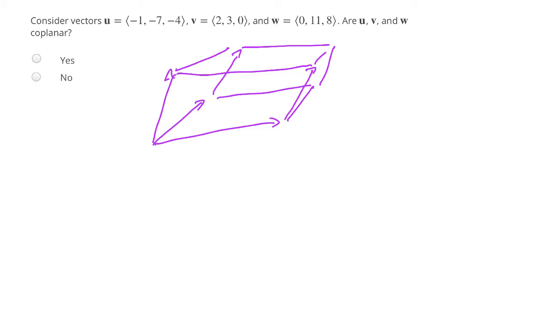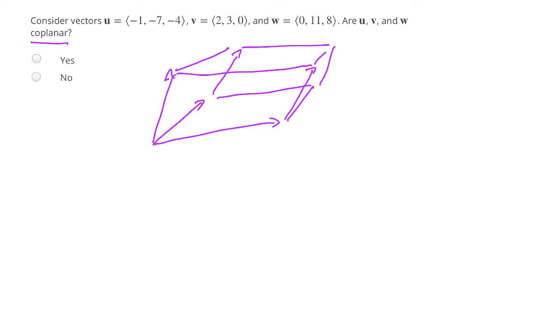So one thing we can conclude is that if we calculate the volume of the parallelepiped formed by u, v, and w, and it's 0, then we don't really have a volume, and the implication is that those vectors are all in the same plane, or coplanar.